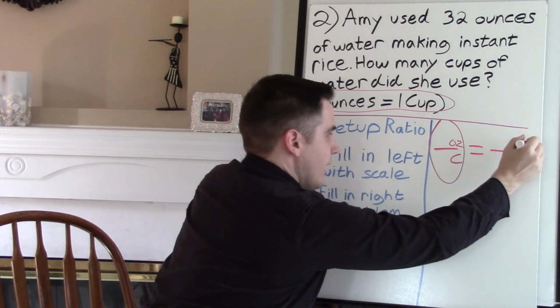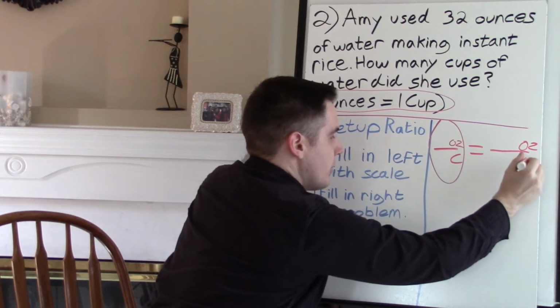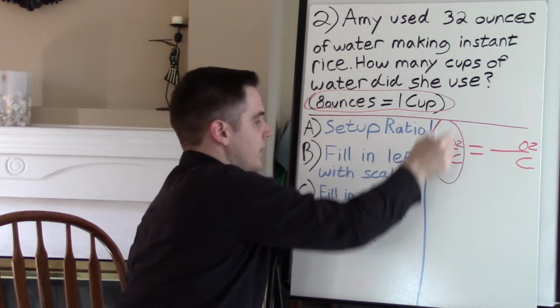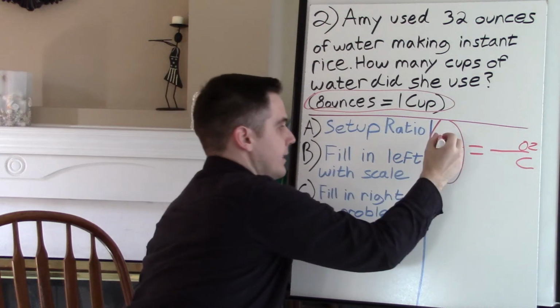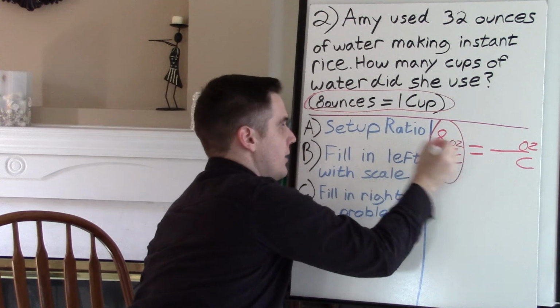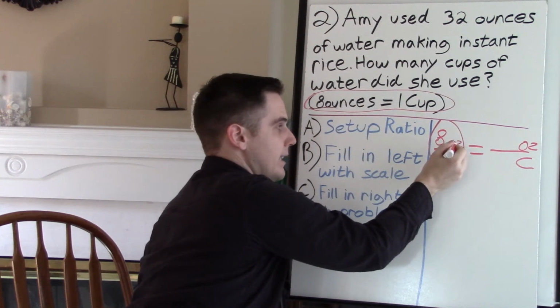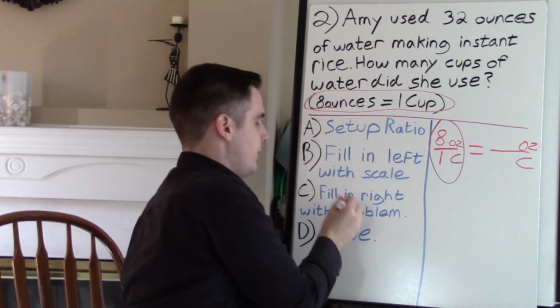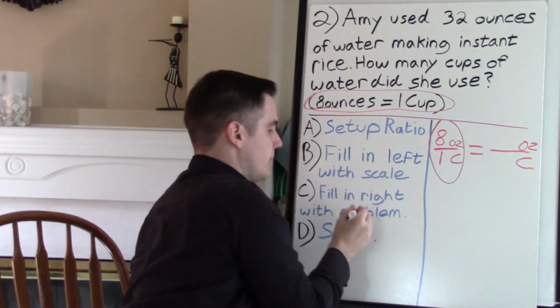So let's go ahead and get ahead of ourselves and set it up over here so there's no chance we mess that up. And then we're going to put the scale on the one I circled here. So 8 ounces, keep it matched up, ounces on top. That's why I label it ahead of time so I don't get confused. 1 and 1. Then fill in the right side with the problem.